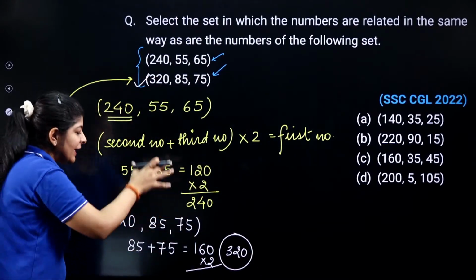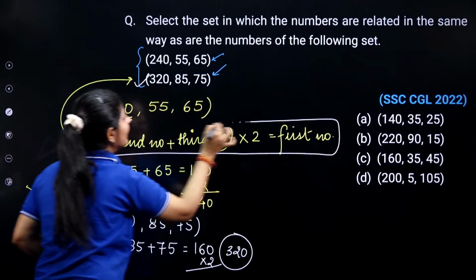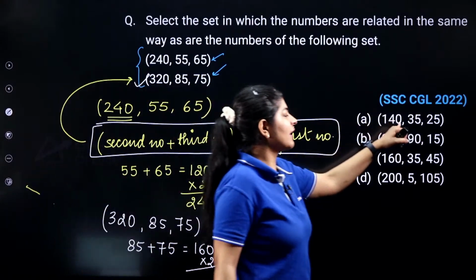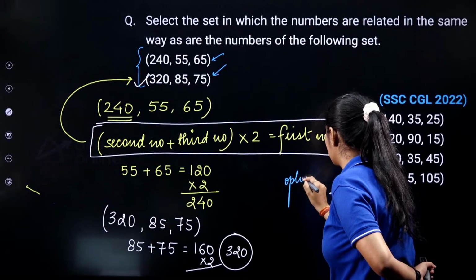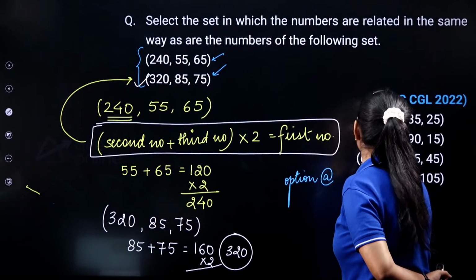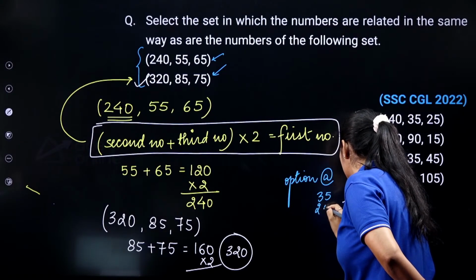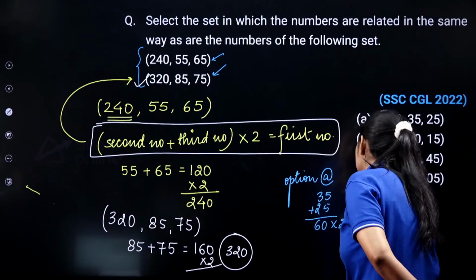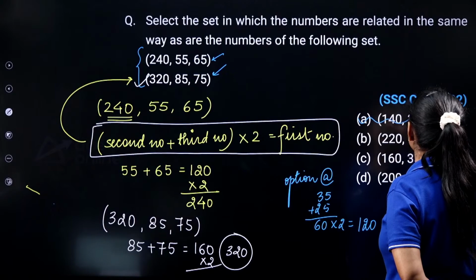Yes. Now we need to check the same pattern with our given options. So first we will check with our option number A. Option A. 35 and 25. 60. And when we multiply it by 2, we are getting 120, not 140.